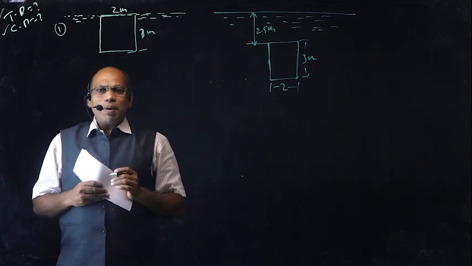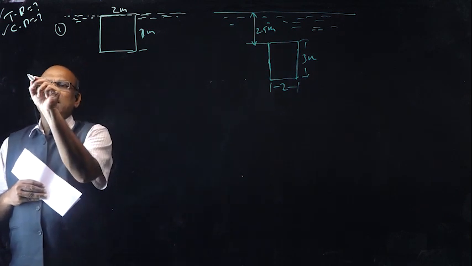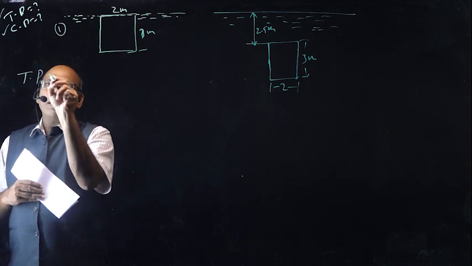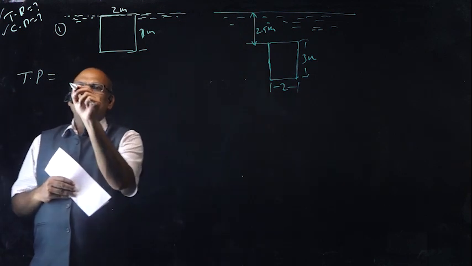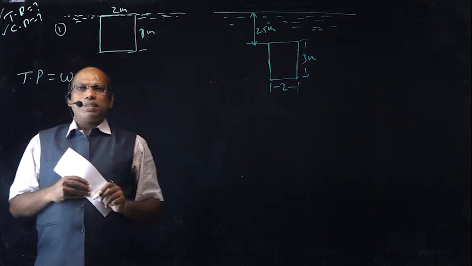Total pressure formula I have already explained. Total pressure, Cp, equal to W A H bar.